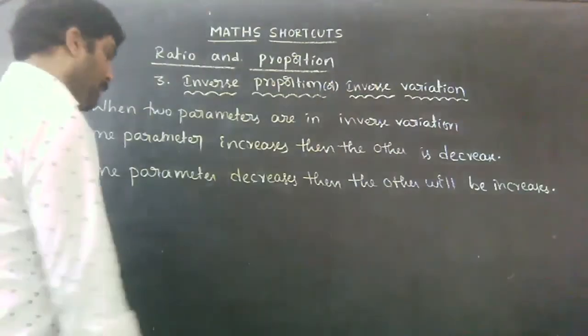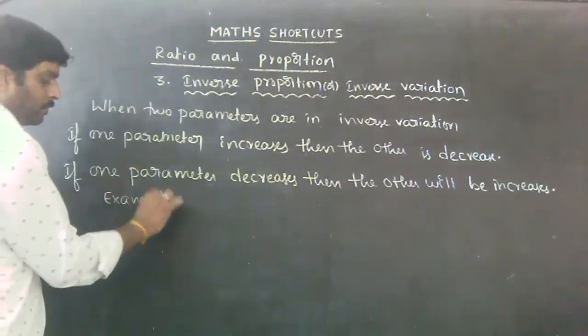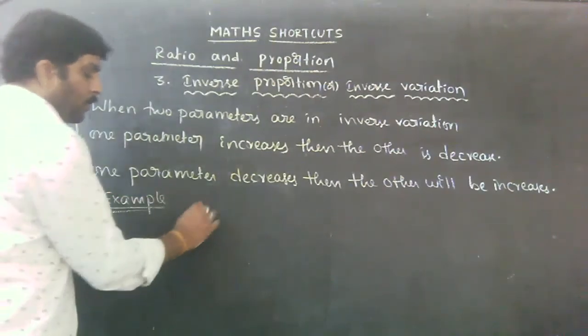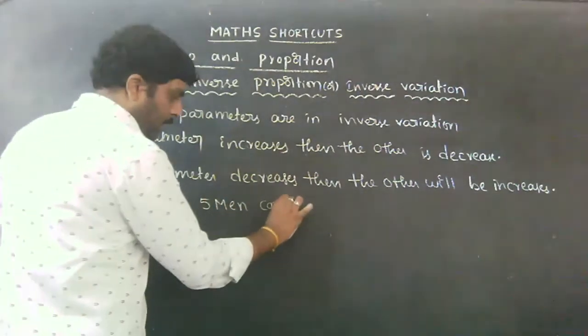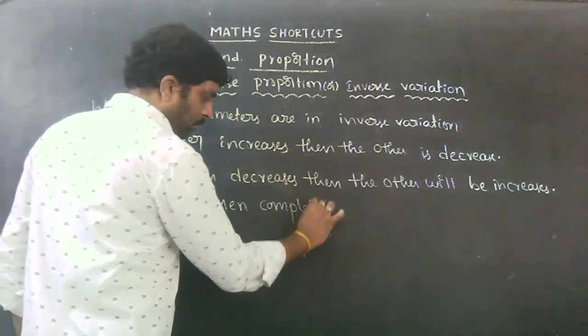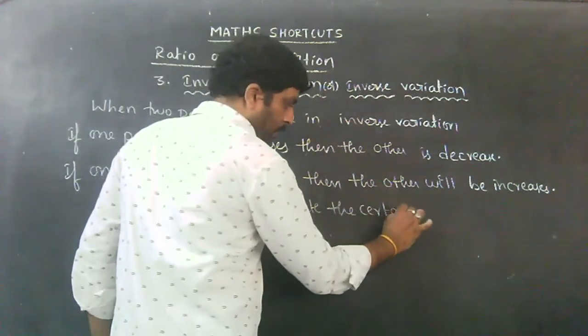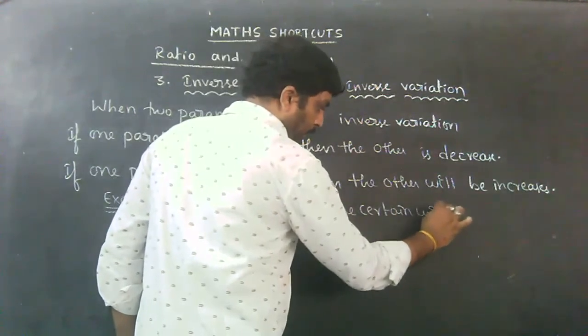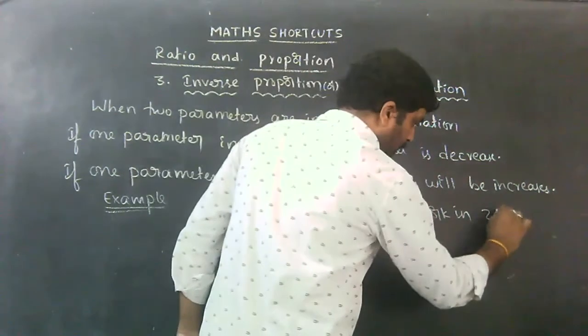For example, five men complete a certain work in 20 days.